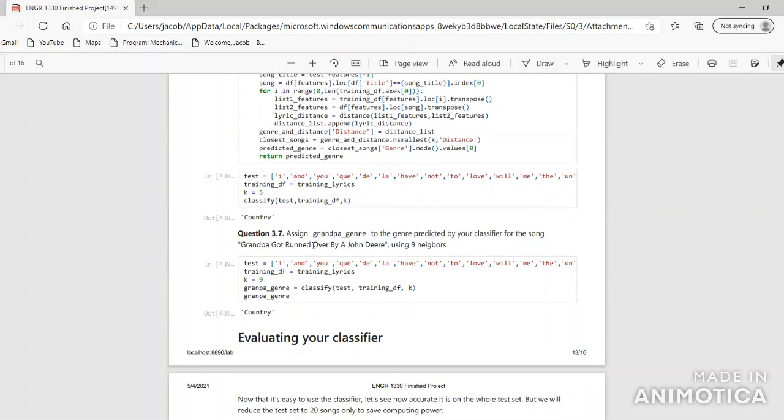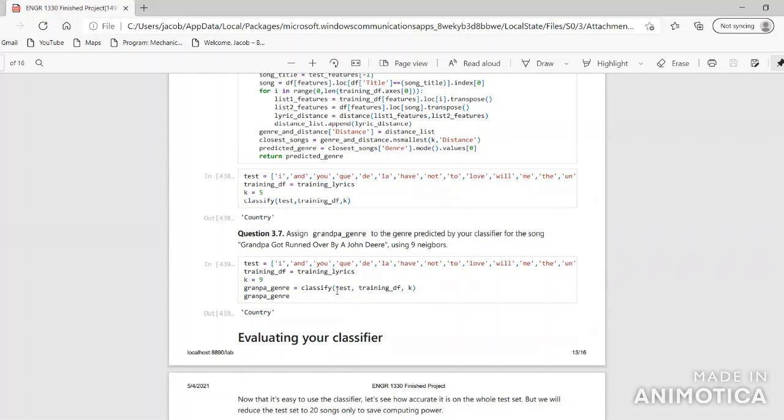And then 3.7 is where it shows that we used another test song, but instead of 5 neighbors, we used 9 neighbors to classify the genre.